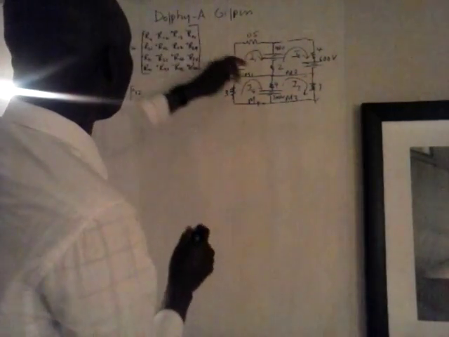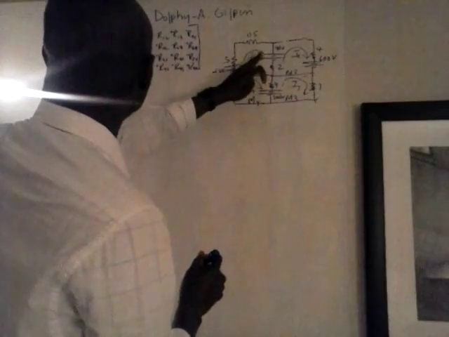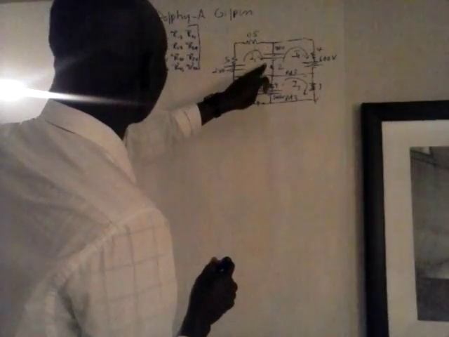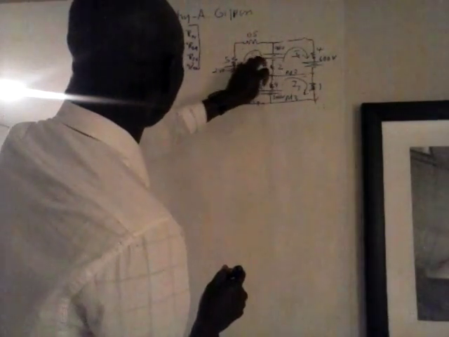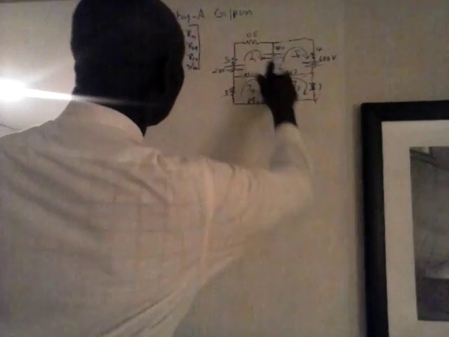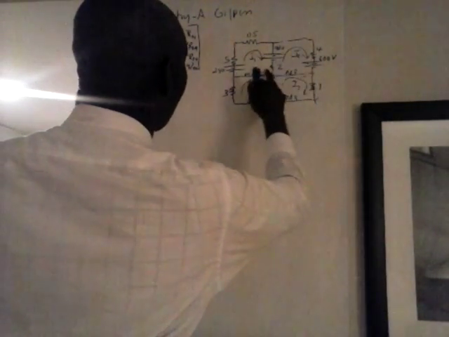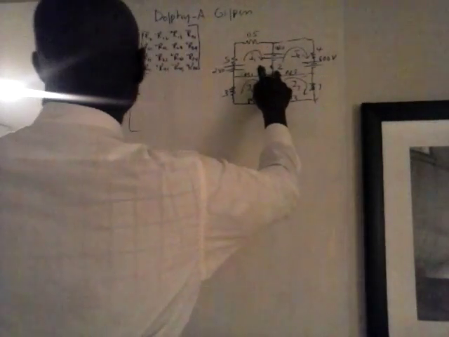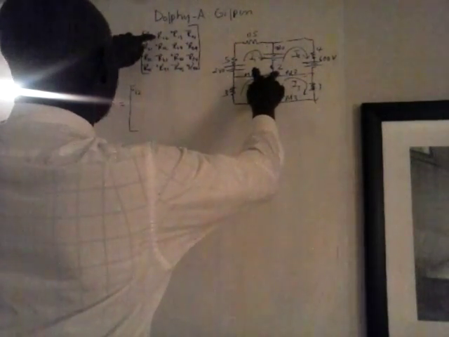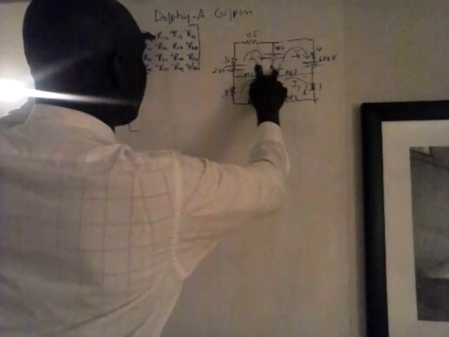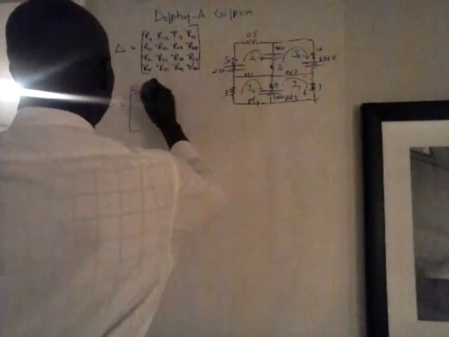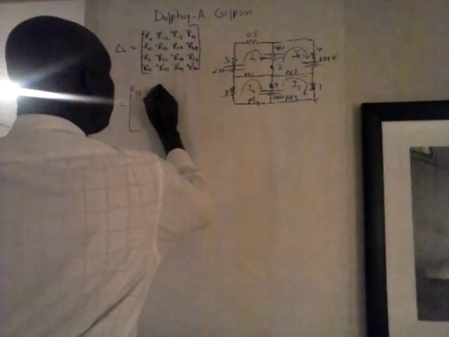And R12 is the resistance in the 1 and 2 mesh now. So this is the second mesh, and the common resistance there will be the 2. And this is negative, because mutual resistances take on negative, so that will be minus 2.